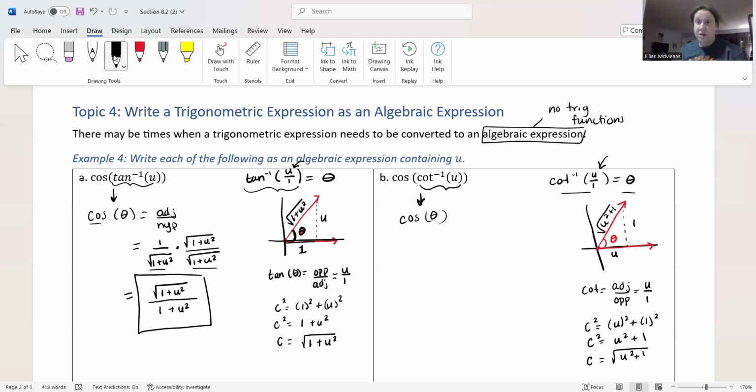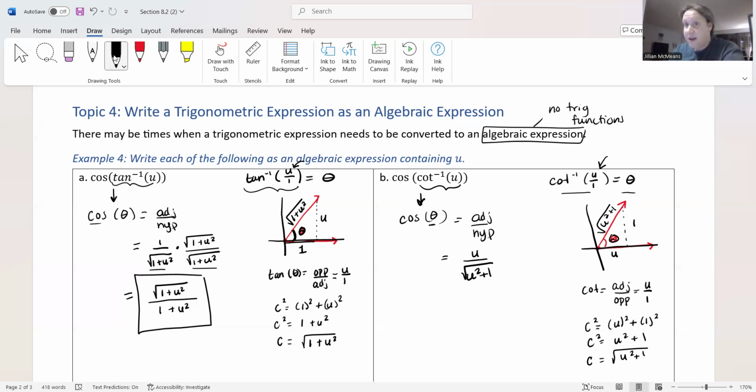We've used this ratio that we were given with inverse cotan, which was u over 1. We've put that in here, built the triangle, and found all the missing sides. Now we can figure out what is cosine of this angle theta. Remember, cosine is adjacent over hypotenuse. The side adjacent to theta is u. The hypotenuse is the square root of u squared plus 1.